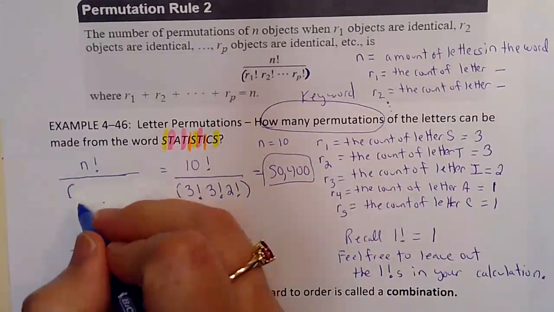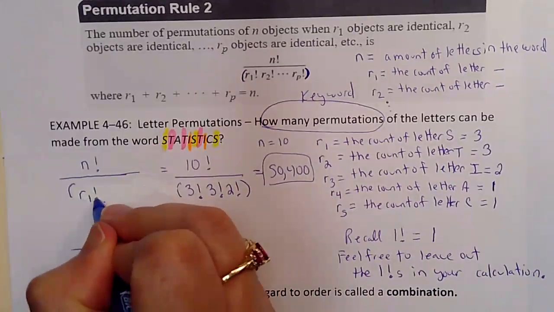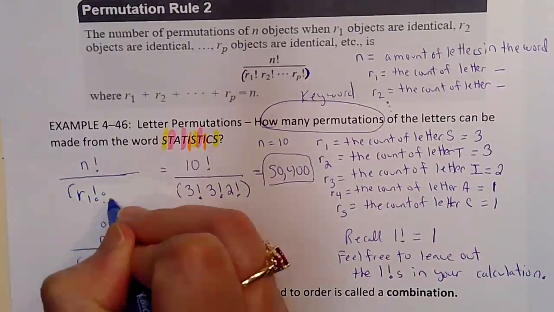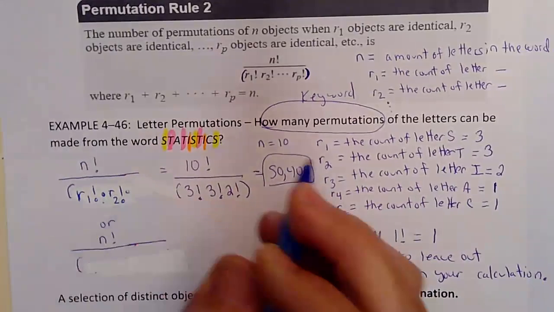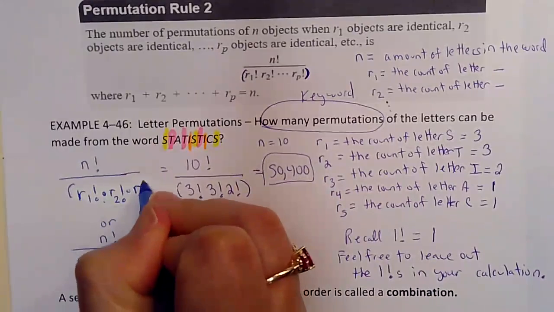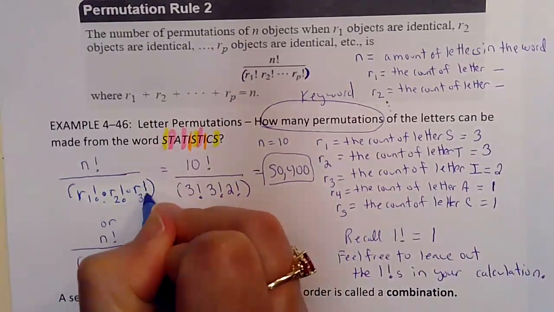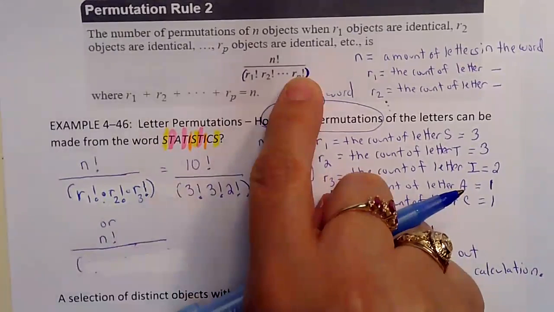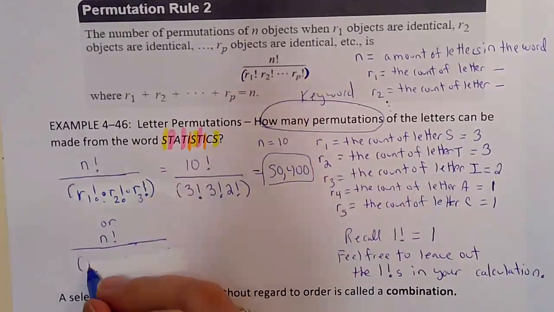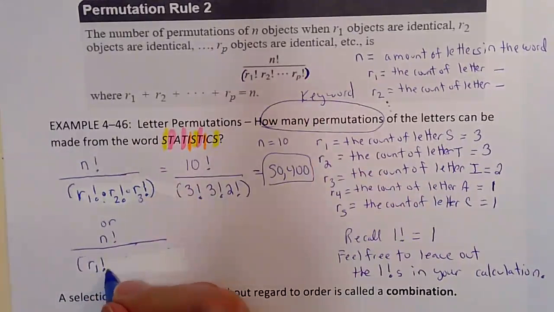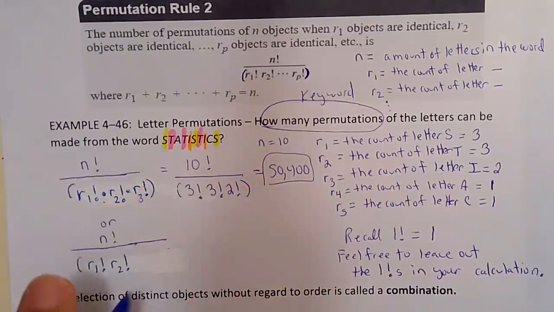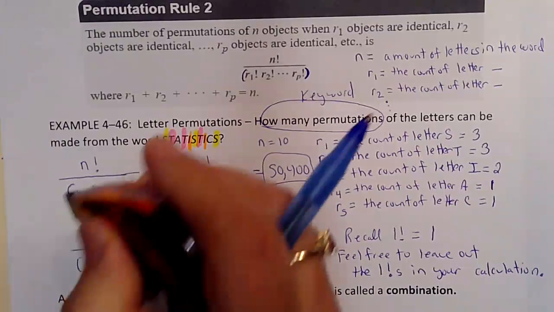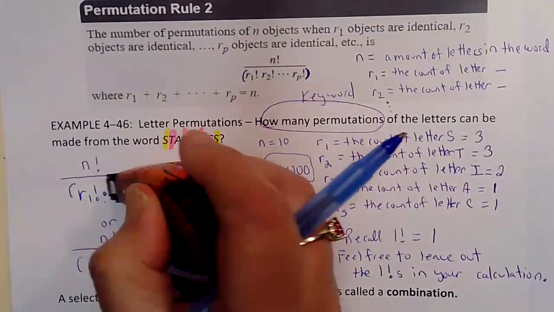So this should be R sub 1 factorial times R sub 2 factorial times R sub 3 factorial. You see that, there is the formula. You actually don't need these dots here. They're implied, but you do need the factorial.